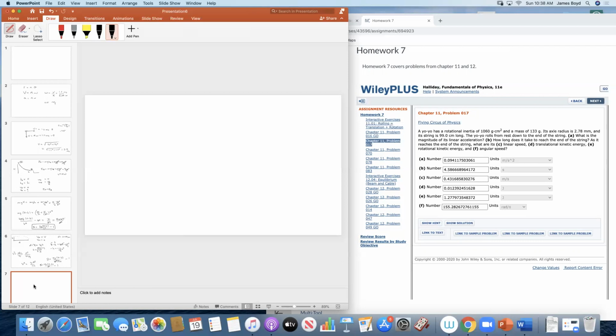I'm going to explain why this is, but we know that A is G over 1 plus I over R squared. It's negative if it's down. We know this is the yo-yo equation, assuming that a yo-yo starts here and goes down.